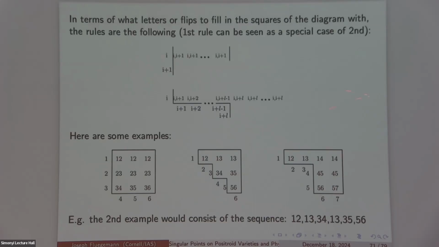You follow this rule where you look at the vertical lines, so if it comes in, then you have to increase the number, like this comes in, so the 1, 2 goes to a 1, 3.